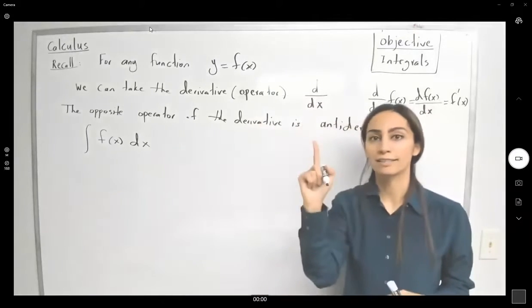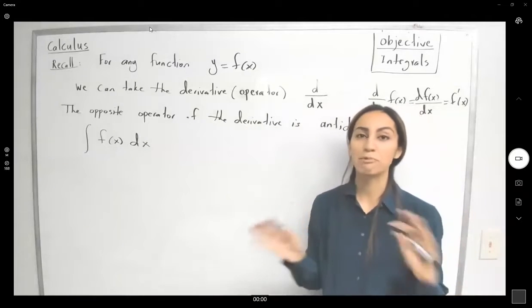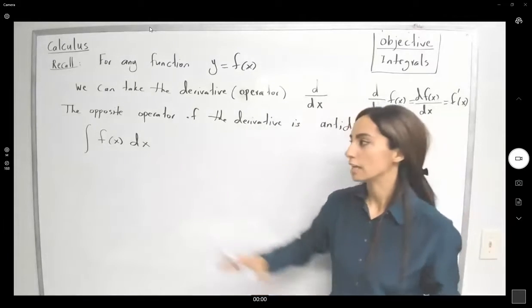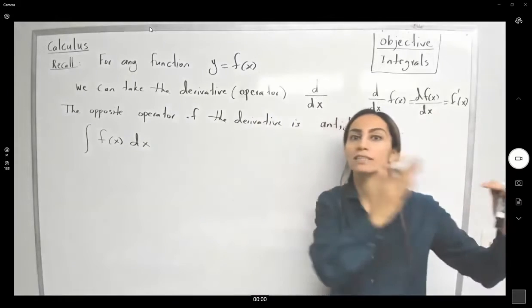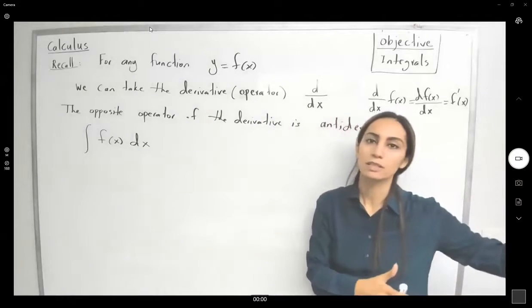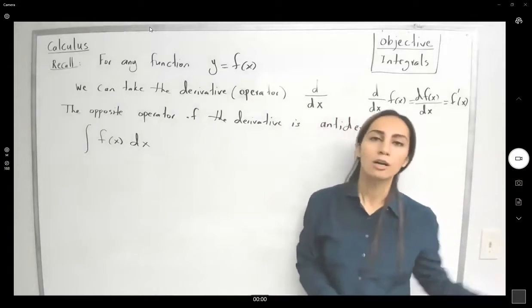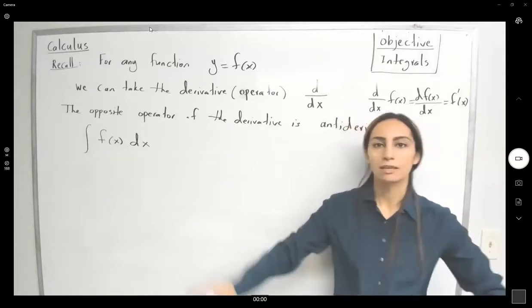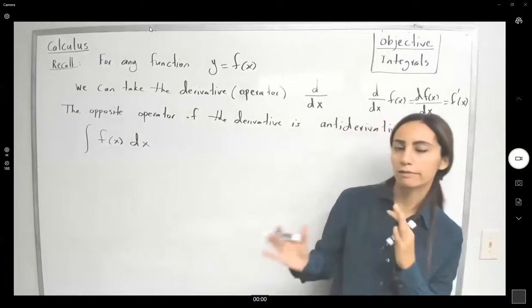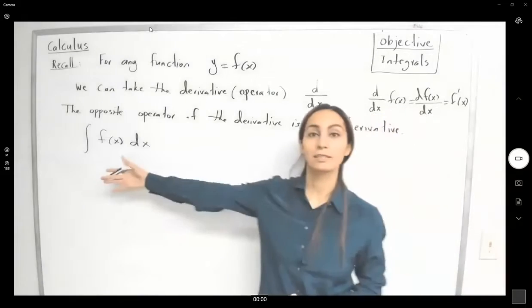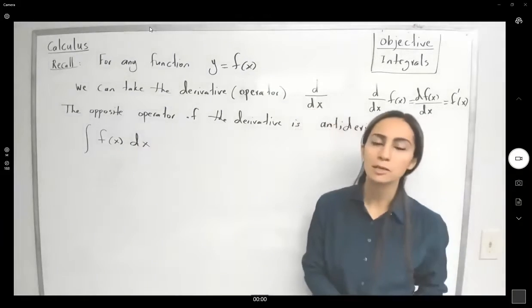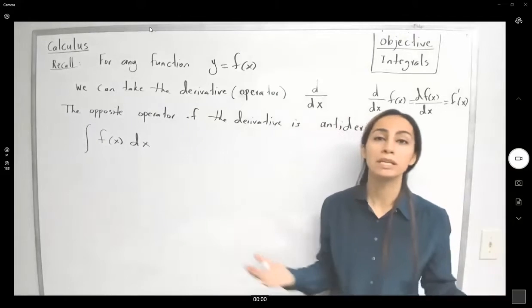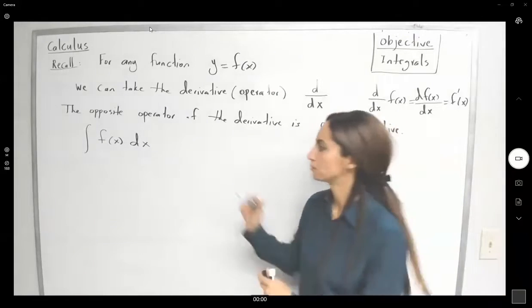Just one instance. Remember that in different branches of science, integral has a different meaning. In physics, you might say we are looking for the work done, or in electricity, it has a different meaning about the charge. In statistics, it has another meaning. Sometimes the meaning is the area.